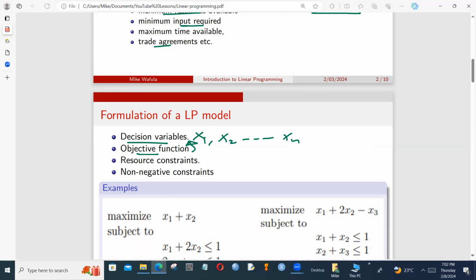And then we have the resource constraints. Resource constraints have to be defined once you have defined the objective function. Normally they are expressed as inequalities, or can also be expressed as equations, in terms of the same decision variables we have stated earlier. Then we have the non-negative constraints.